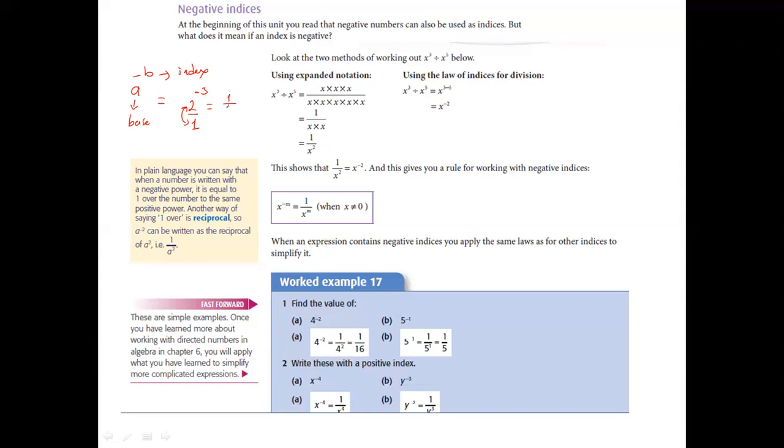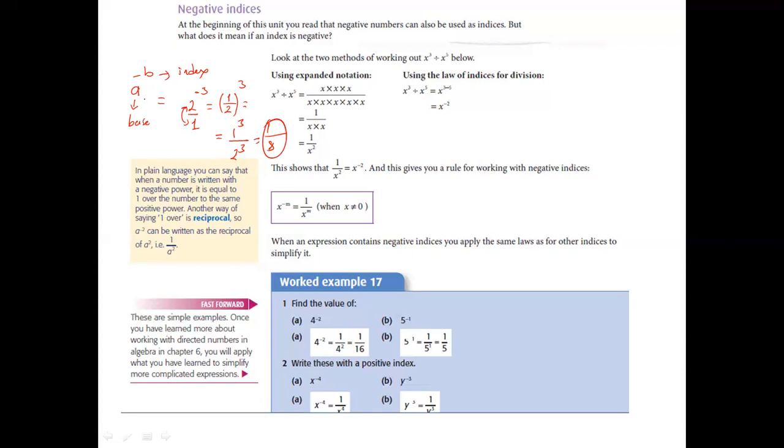And 1 over 2 in a bracket and a power of 3 is equal to 1 cubed over 2 power of 3, or 2 cubed, which is 1 over 8.